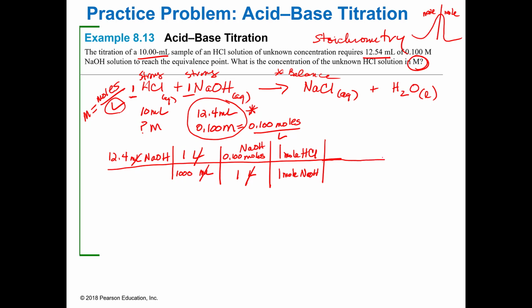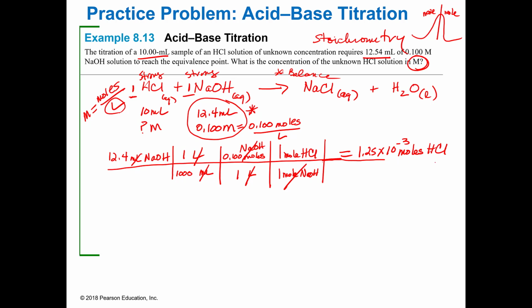So I always go through that step. That gets rid of moles of sodium hydroxide, and that's going to leave me with moles of hydrochloric acid. So when I do all of my math, I'm going to get 1.25 times 10 to the minus 3, because I'm going to say 12.4 times 0.1 equals, and then divide by 1,000. And so that's what I'm going to get.